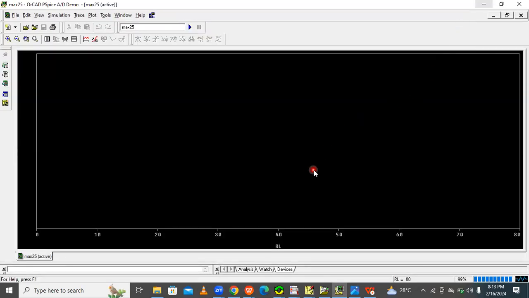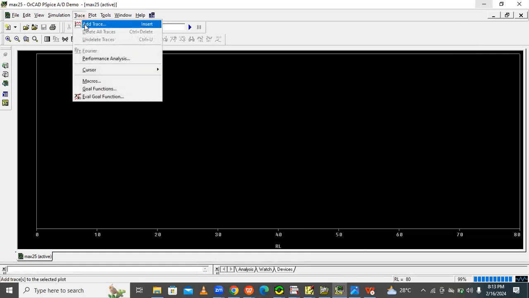While simulating, it automatically displays a blank graph without any waveform. This is the load resistor axis, and it shows resistance up to 80 because our end value is 80. So the graph will show up to 80 ohms.